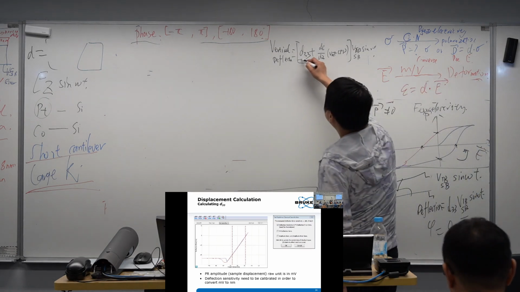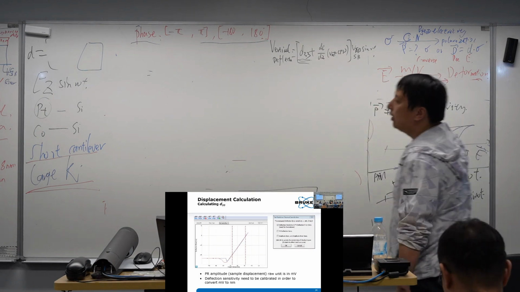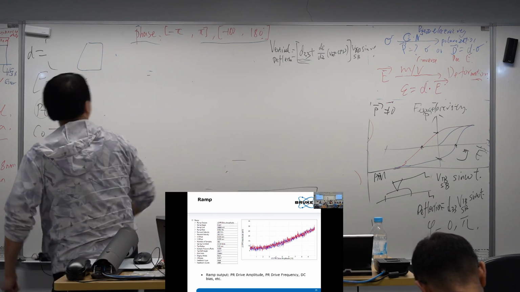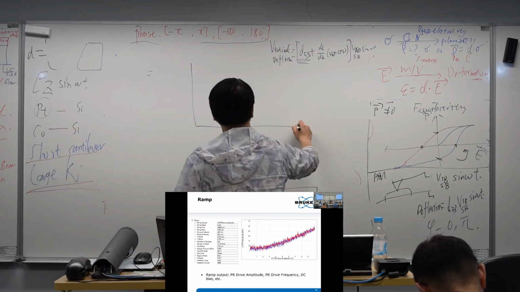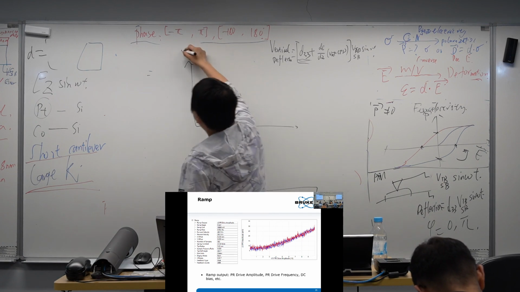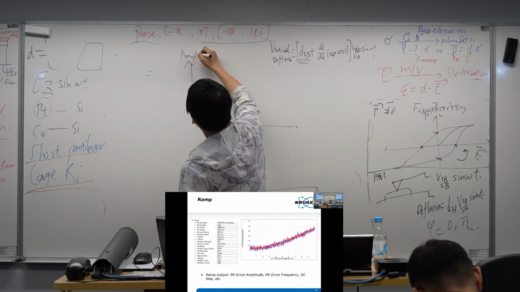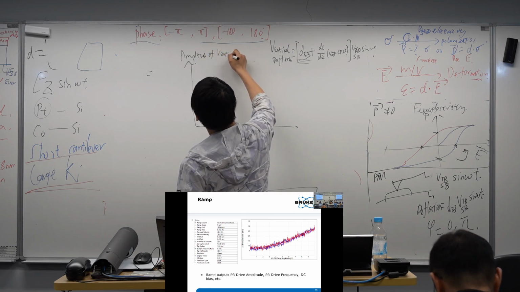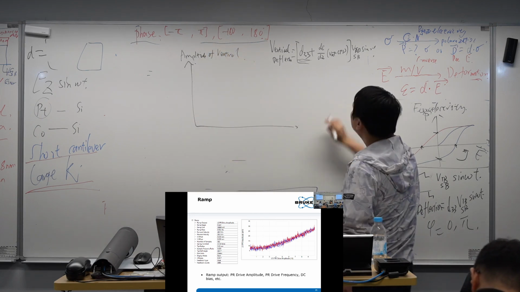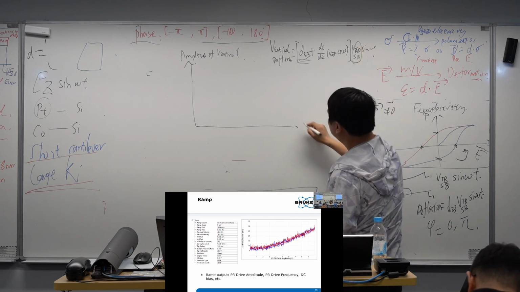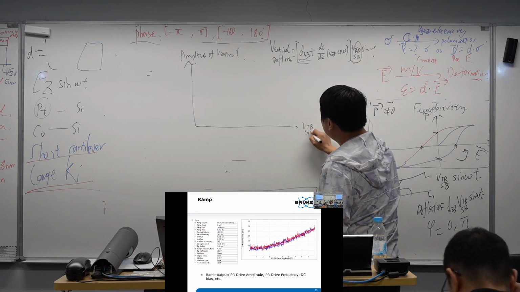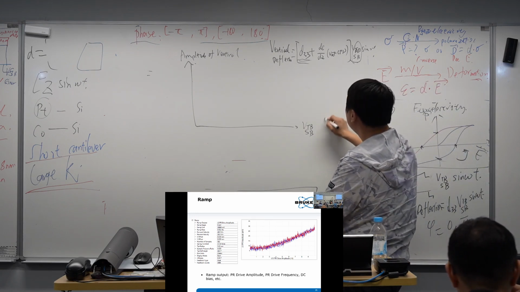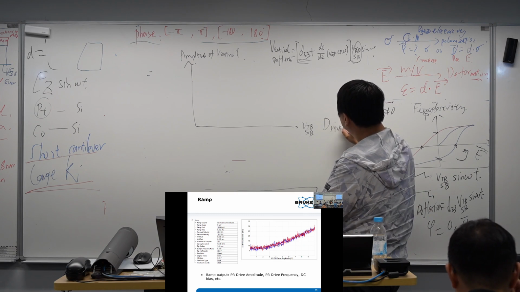If we want to get this d33, I prefer to do it in this way. There is a ramp, and we want to get a graph of the amplitude of the vertical deflection against V_TB, V_SB, which is the so-called drive amplitude in our parameters.